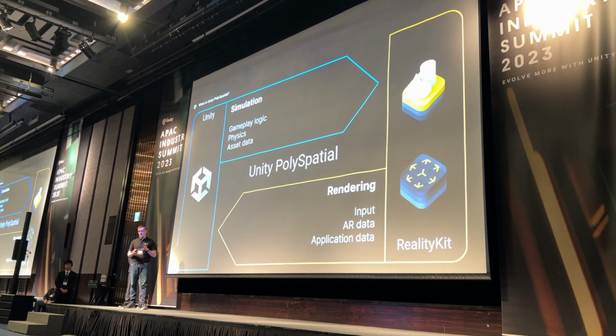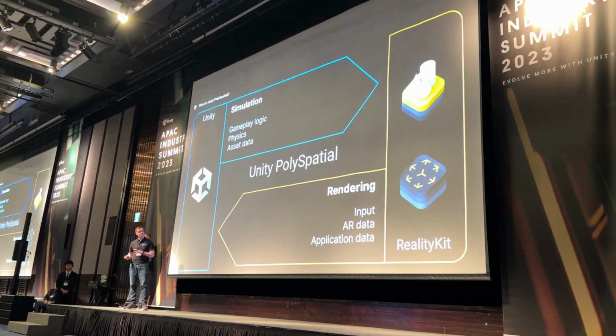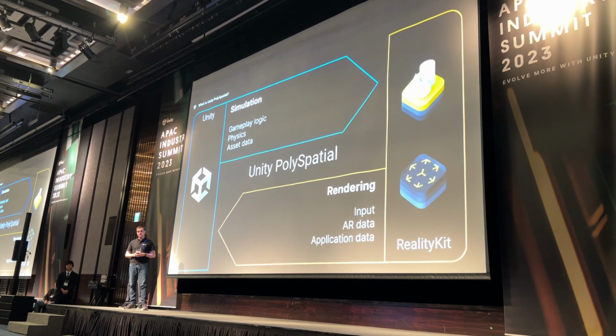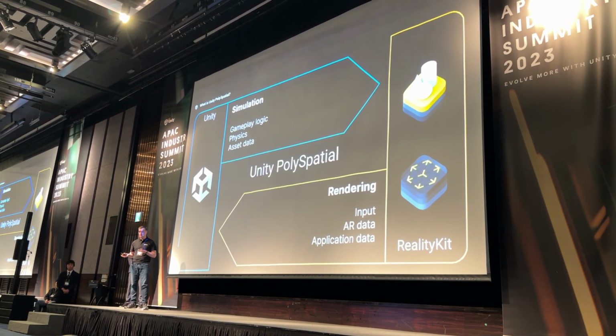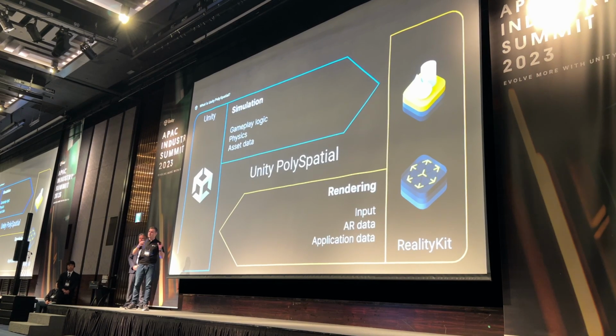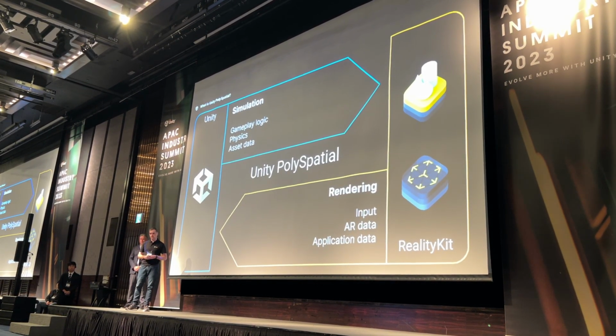But the input, the AR data, the application data is actually handled by RealityKit on the Apple side. And what this does is allow you to take full advantage of all of the features of the Apple Vision Pro, but obviously you can still author this application in the Unity editor, which you're already familiar with.